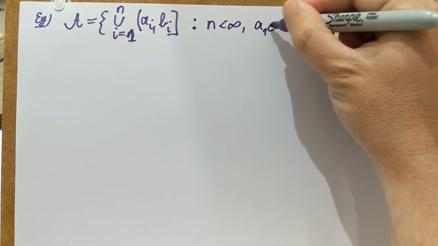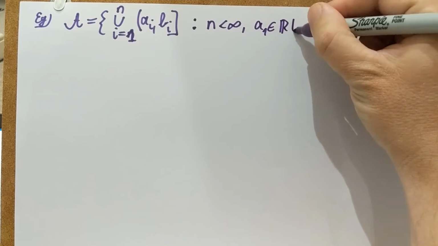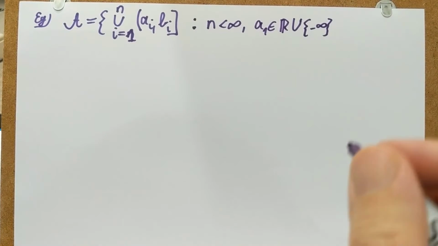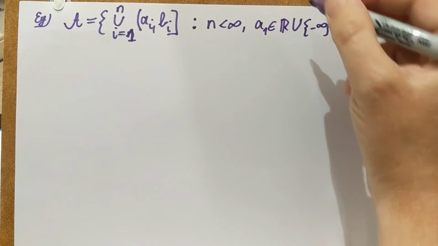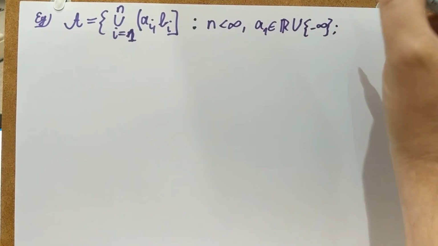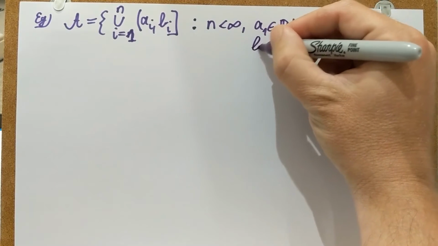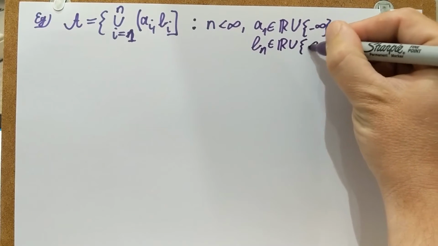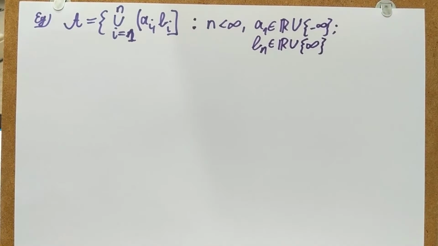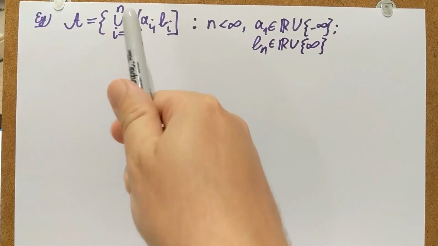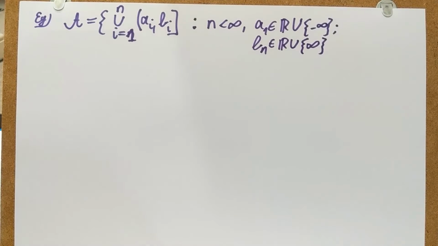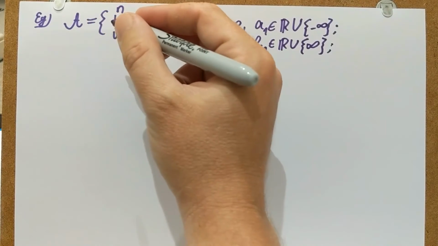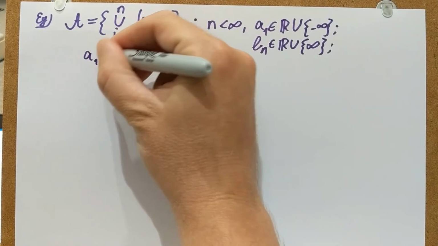A1 is a real number, except it can be minus infinity as well. Then Bn is a real number, or it can be plus infinity as well. So the first interval on the left could go out to infinity, and the last interval to the right could go out to infinity. Otherwise, these numbers are increasing and real.